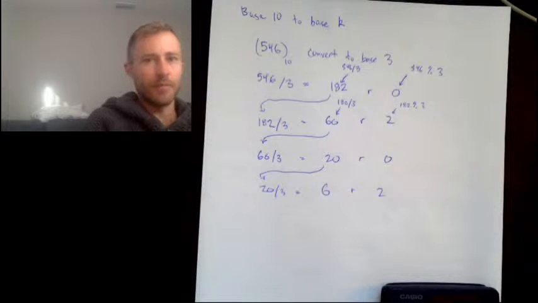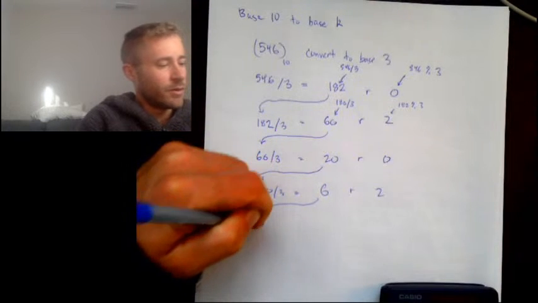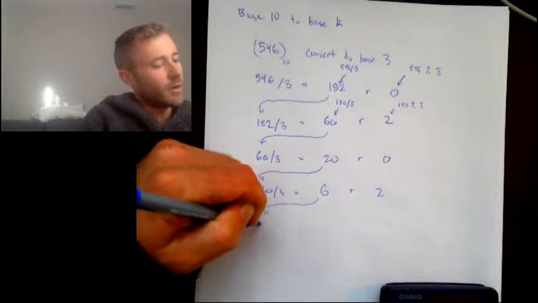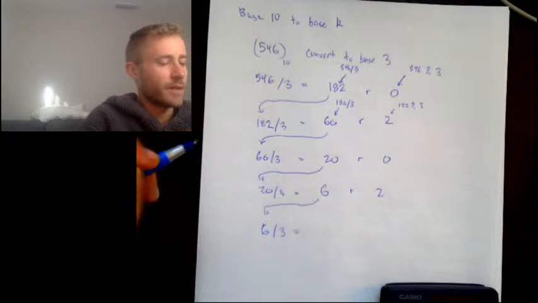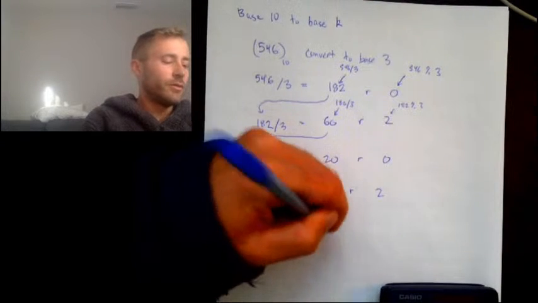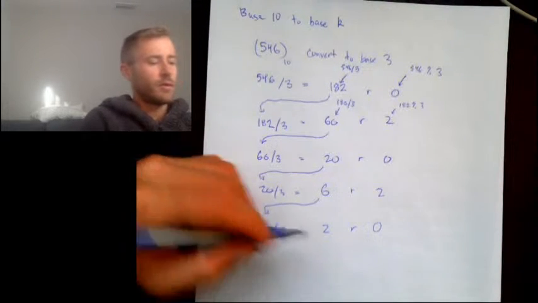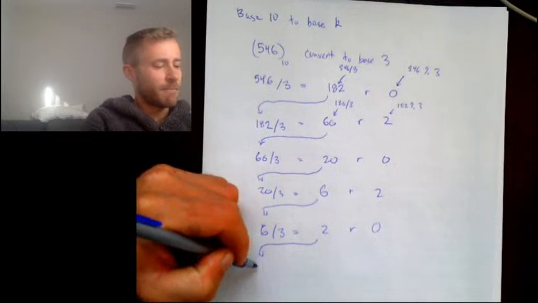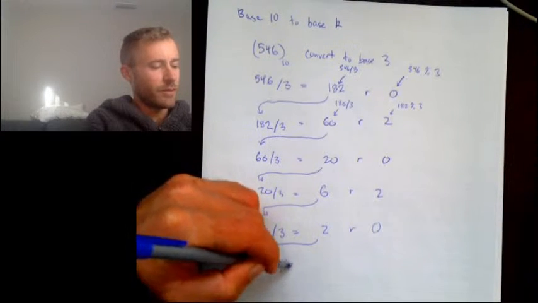Then I'm going to do 6 divided by 3 is 2, remainder 0. And then I'm going to do one last step, which is 2 divided by 3.